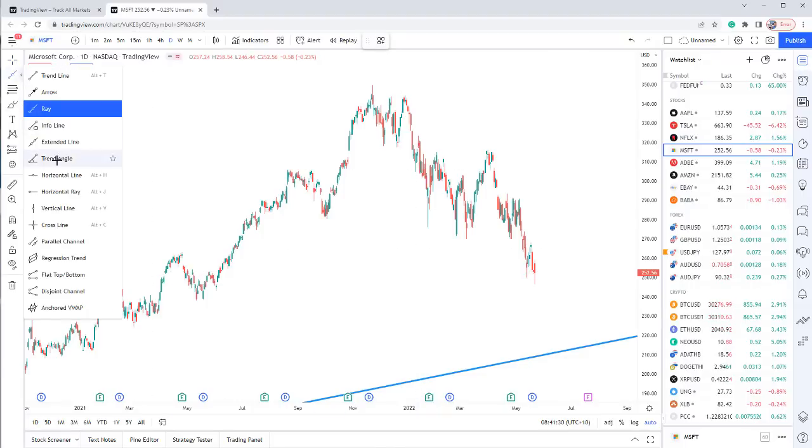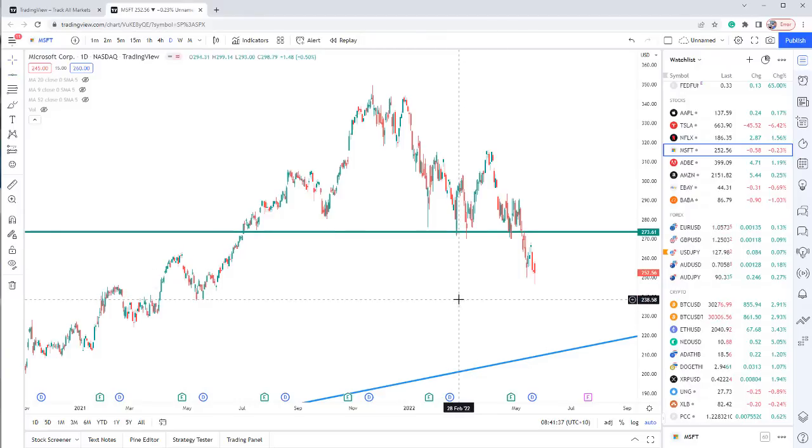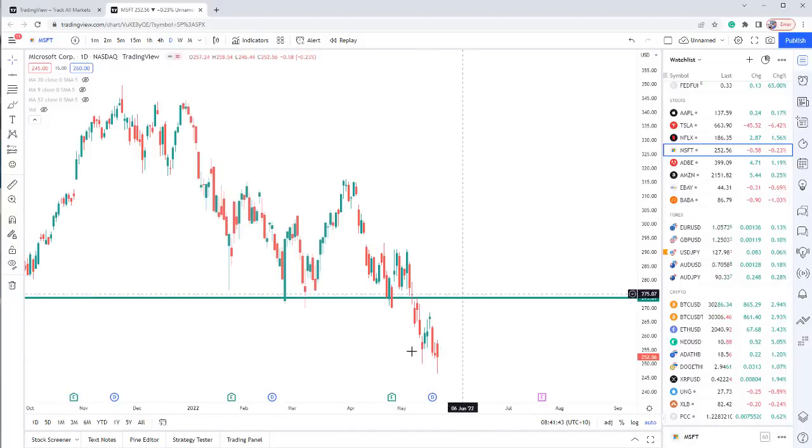If we have a look at the levels here, there's a very strong level of support around that $273 level. The interesting thing looking at Microsoft is that once we start to get back above this level, then we could get a breakout back up and start to see a new upward trend, and that could bring a lot more bias coming back in here.